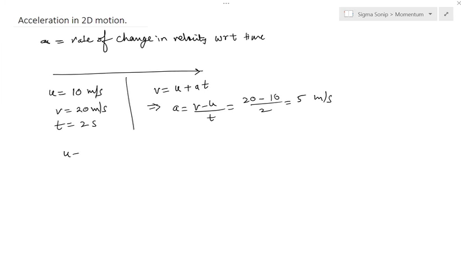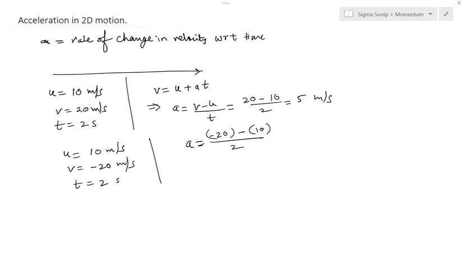But if I have a case like this, when u equals 10 meter per second, v equals minus 20 meter per second, and t equals 2 seconds, then what do we do? We do the same thing again. I'll use the acceleration equation straight away. a equals (v minus u) divided by 2, and that gives me minus 15 meter per second squared.